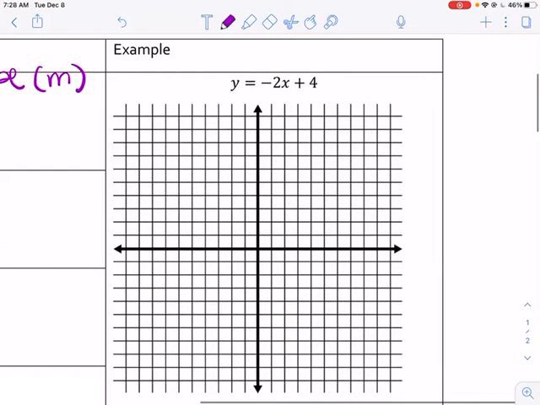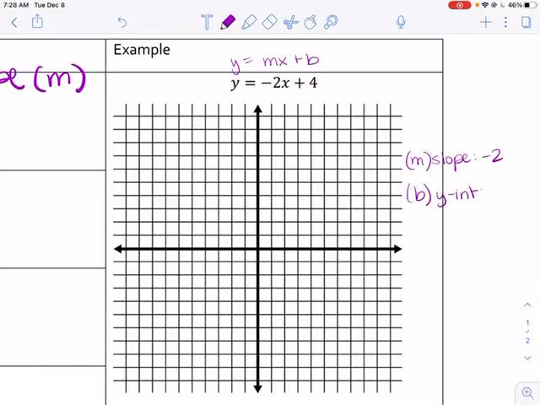It's in the form y equals mx plus b. So my m, or my slope, is -2, and my b, or my y-intercept, is 4.